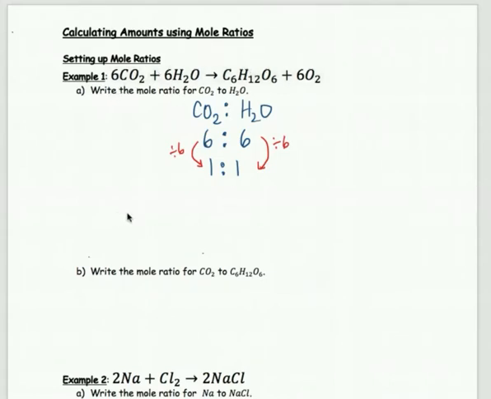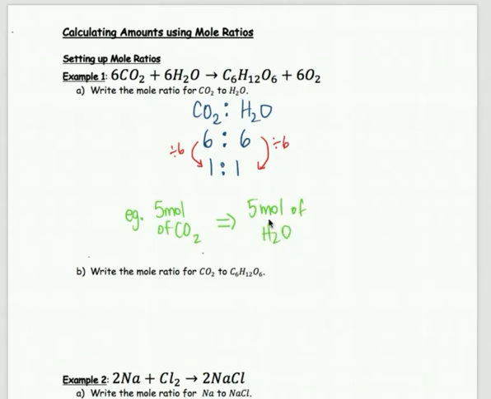So now how we connect this to actual amounts. So say you had like 5 moles of carbon dioxide. Okay, so if you had 5 moles of carbon dioxide, well, if you're putting 5 moles of carbon dioxide into the reaction, how many moles of water do you need? Well, it's a 1-to-1 ratio, so you need the same amount of water.